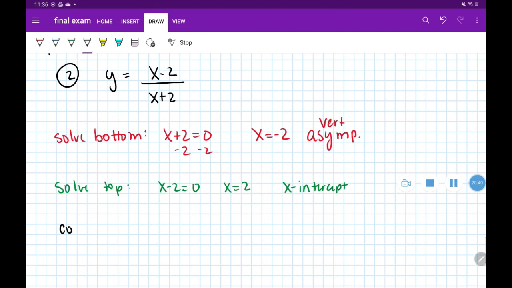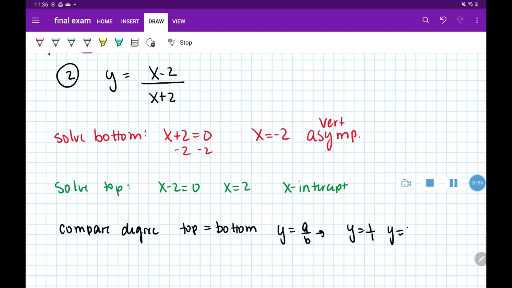And then next we compare degree. And this time they both are a power of 1, so the top equals the bottom. So a over b is the asymptote. In this case, y equals 1 is the horizontal asymptote.